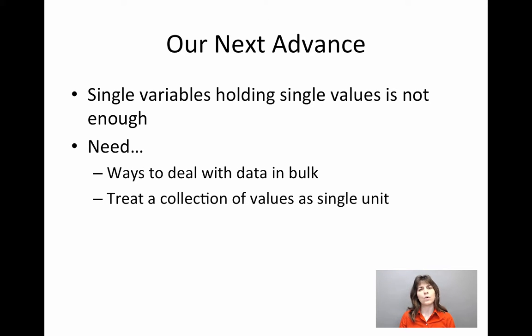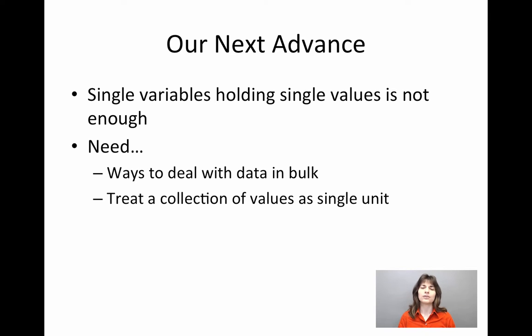If I want to have 1,000 customers instead of 2, I don't want to be going to my program and declaring 1,000 different variables so that I can store the date of birth of each of those customers. It will be much more convenient if I just had one variable and somehow I would be able to store all of those 1,000 dates of birth.